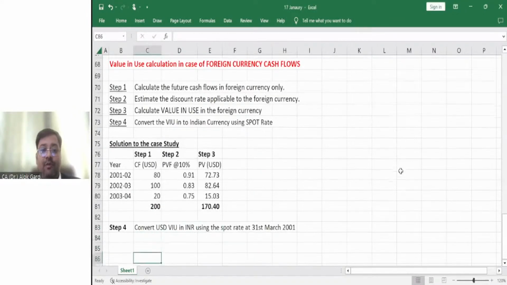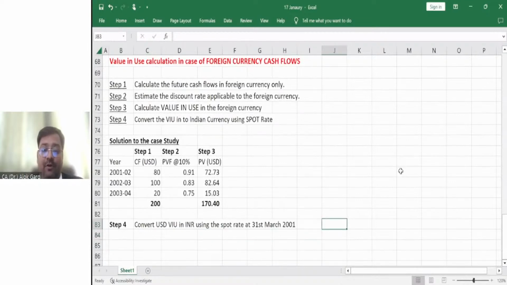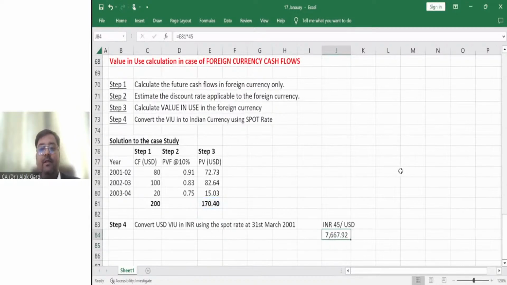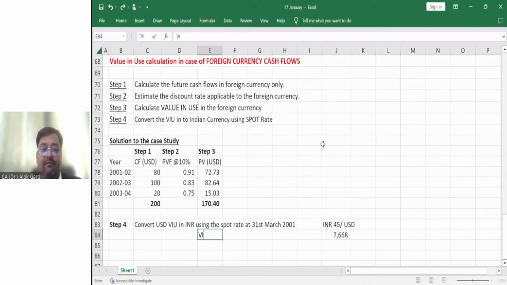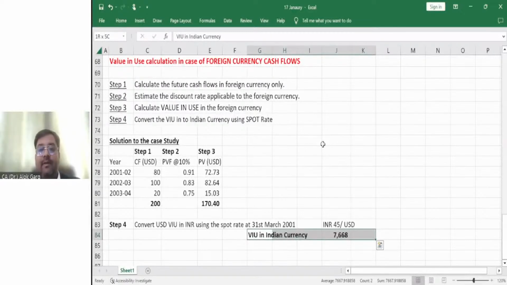So it comes out at 170.40 multiplied by 45. This will be your 7668. This 7668 will be your value in use in Indian currency, VIU in Indian currency, for the purpose of impairment.